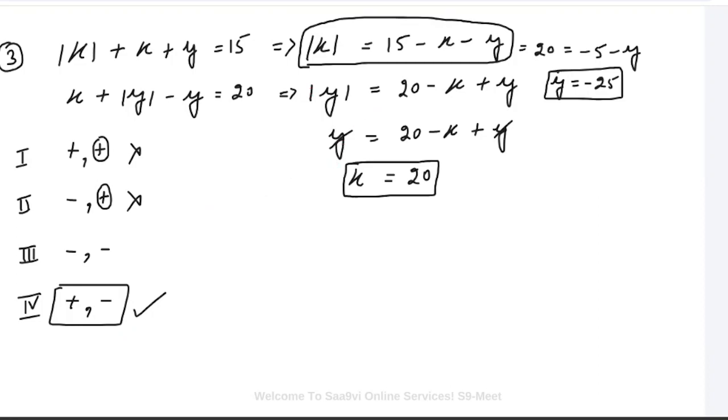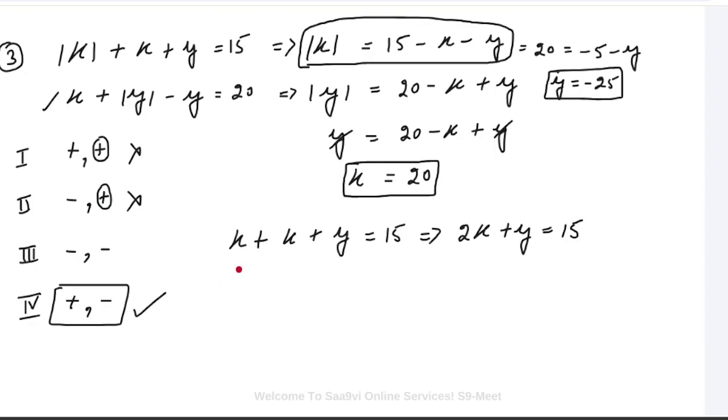Let's do that now. If I put x as positive, we get x plus x plus y, that is equal to 15. That means 2x plus y is equal to 15. Now, in the second equation, let's take y as negative because you have |y| here.